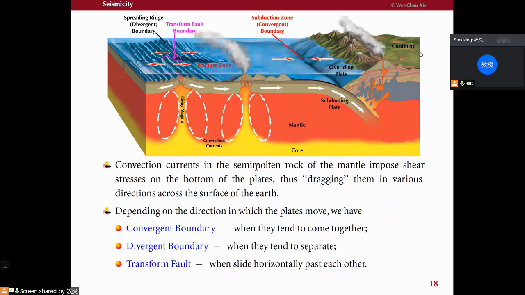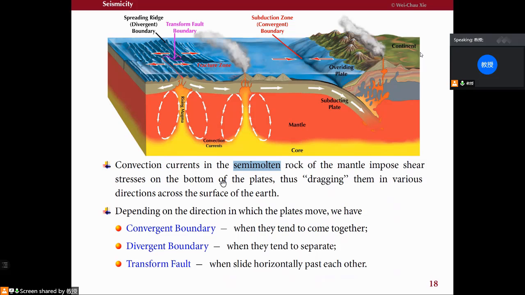Convection currents in the semi-molten rock of the mantle impose shear stress on the bottom of the plate. Because the material goes up and comes down and goes up. It's like boiling water. The cold water comes to the bottom, it becomes hot, and then it rises up, and then the cold one comes down.